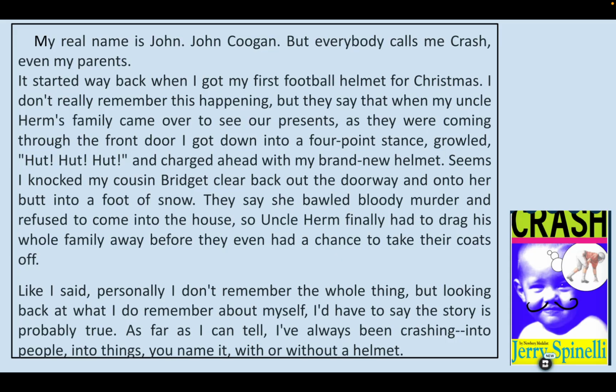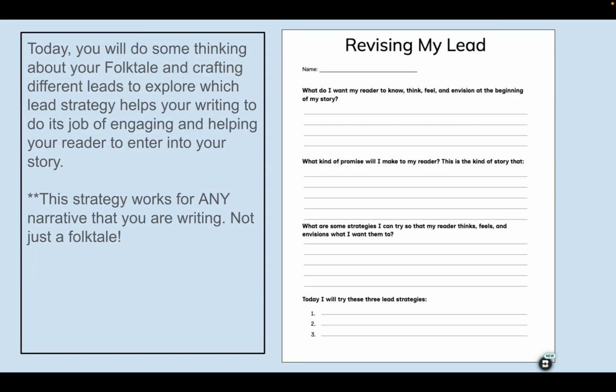They say she bawled bloody murder and refused to come into the house. So Uncle Herm finally had to drag his whole family away before they even had a chance to take their coats off. Like I said, personally, I don't remember the whole thing, but looking back at what I do remember about myself, I'd have to say the story's probably true. As far as I can tell, I've always been crashing into people, into things, you name it, with or without a helmet.